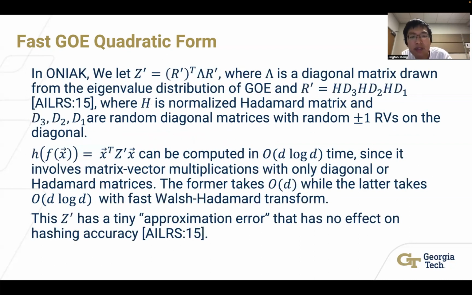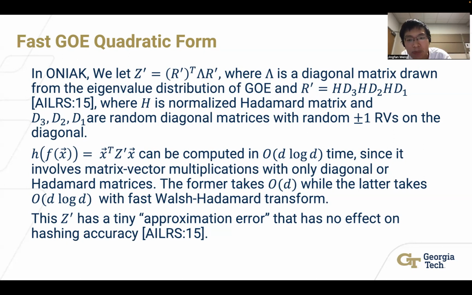The idea is that we can diagonalize a GOE using a random transformation. It's called a random transformation in the Haar measure. And we can replace this random rotation with a pseudo-random one, R prime. R prime has the formula HD3, HD2, HD1.